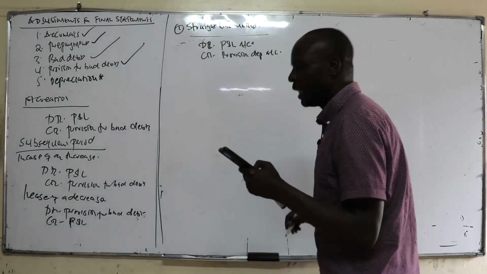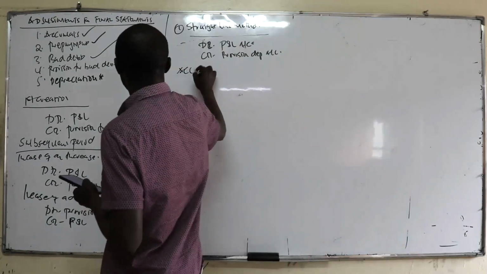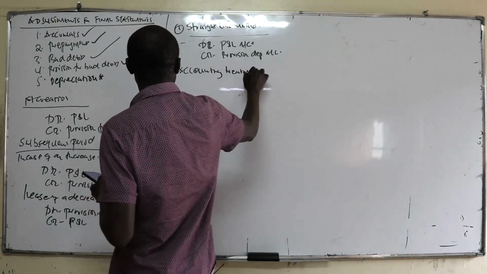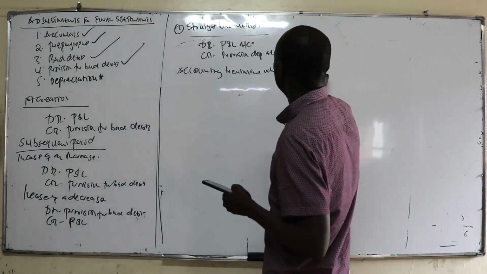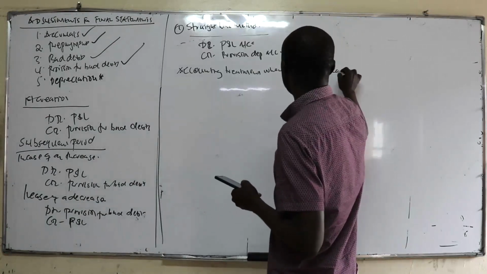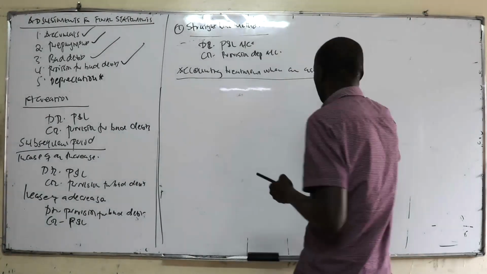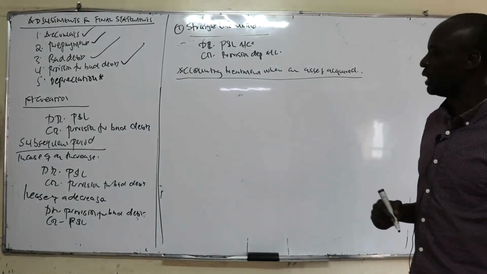And then also, you need to know the accounting treatment when an asset is acquired or purchased. This one is also tested alongside the depreciation. So when you acquire an asset, how do you treat it in your accounts?